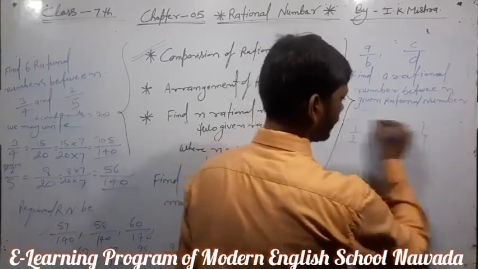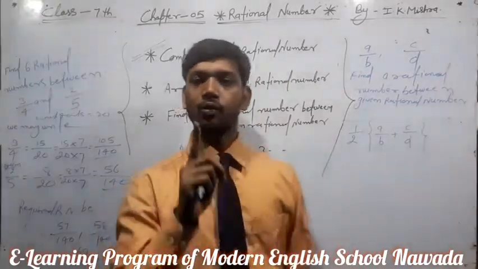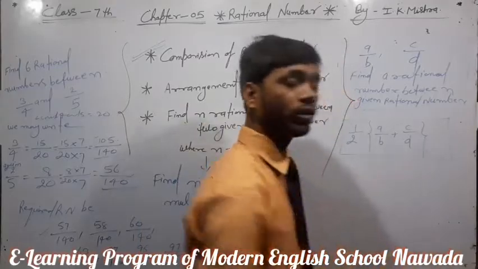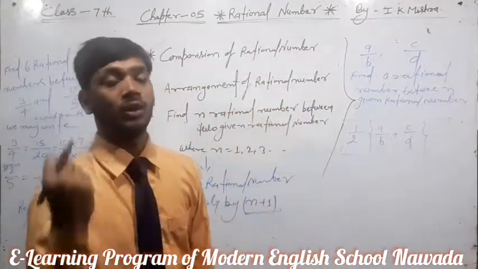This is the formula to find one rational number between two given rational numbers, and this rational number is the middlemost rational number of the given two.